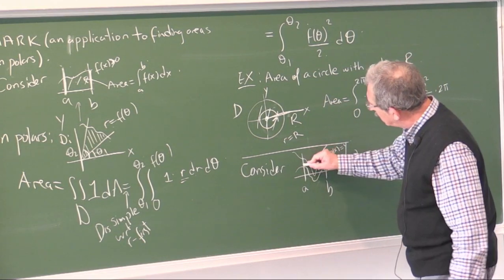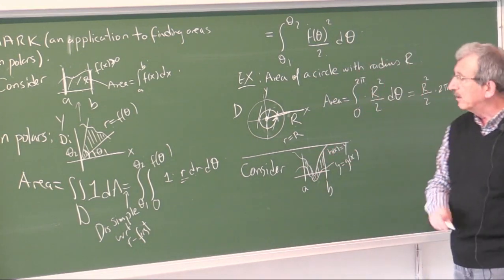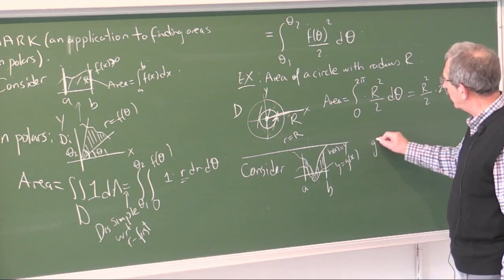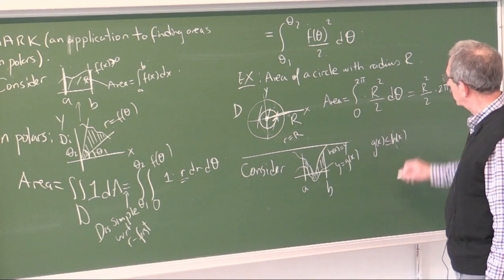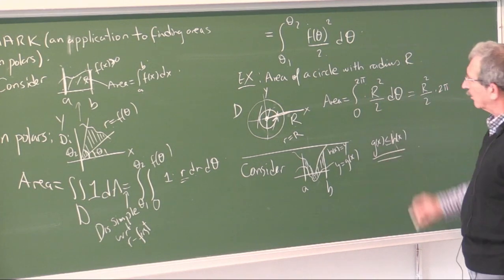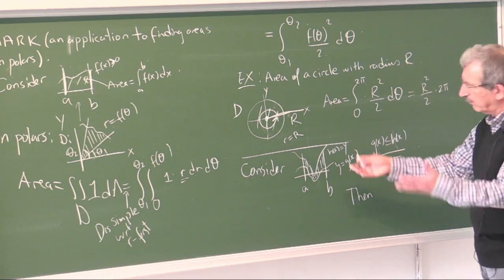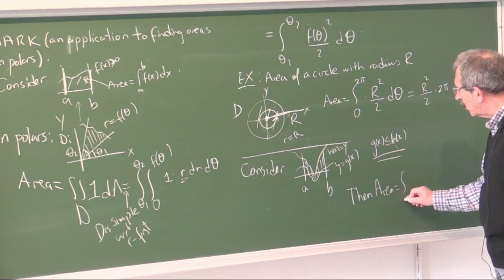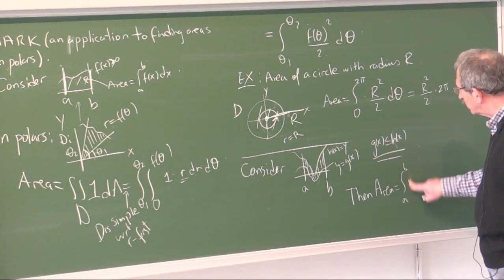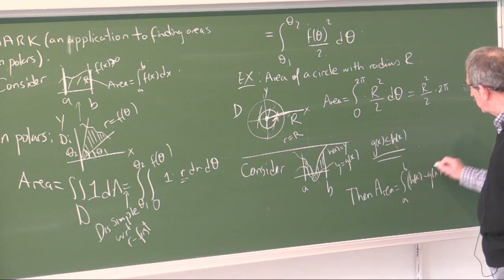They need not be positive or negative, but g of x is smaller than h of x. Then we know from 119 that the area would be the integral from a to b of h of x minus g of x dx.